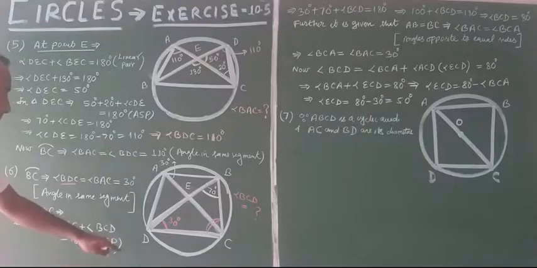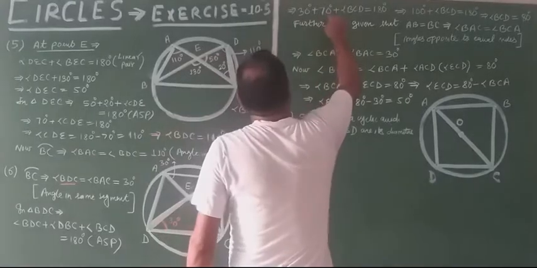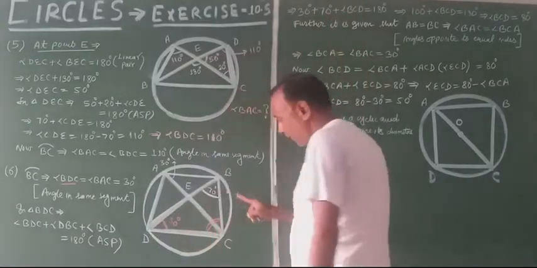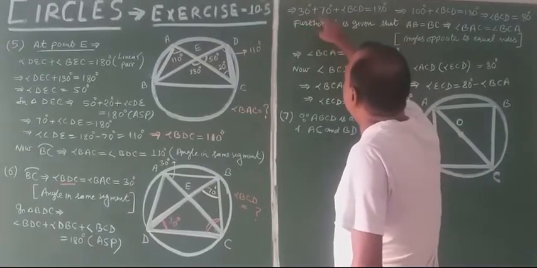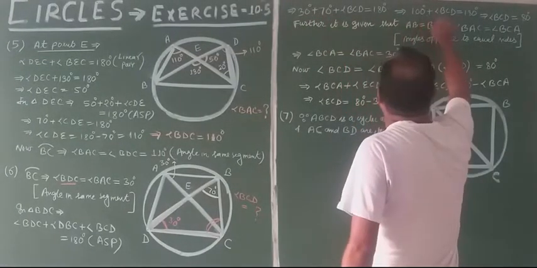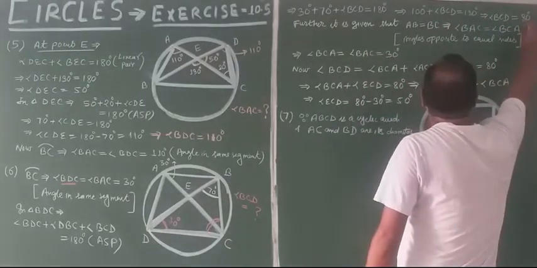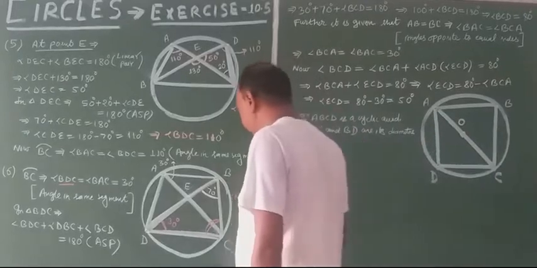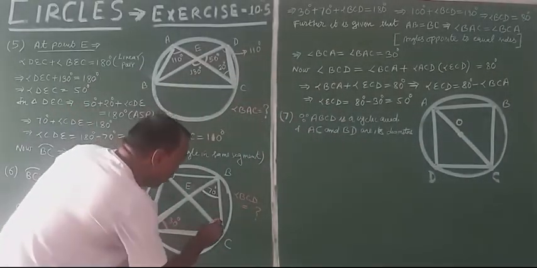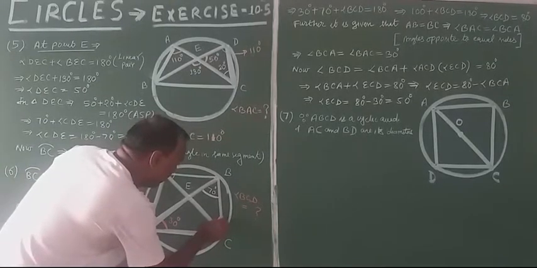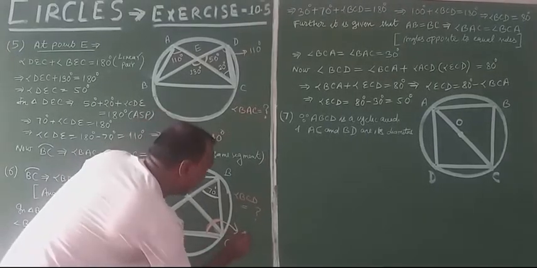The sum of 30 plus 70 is 100 degree, plus BCD is equal to 180 degree, and therefore angle BCD will be 80 degree.